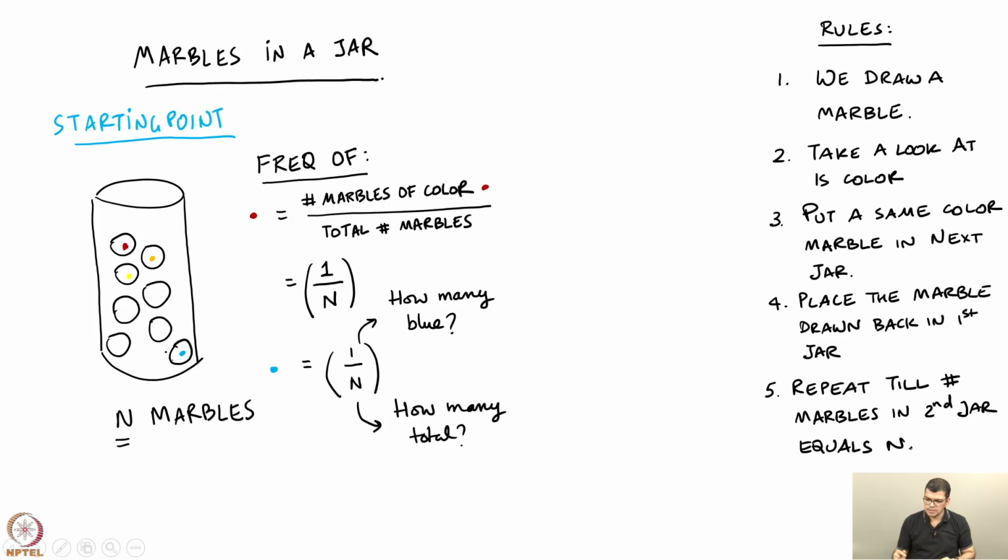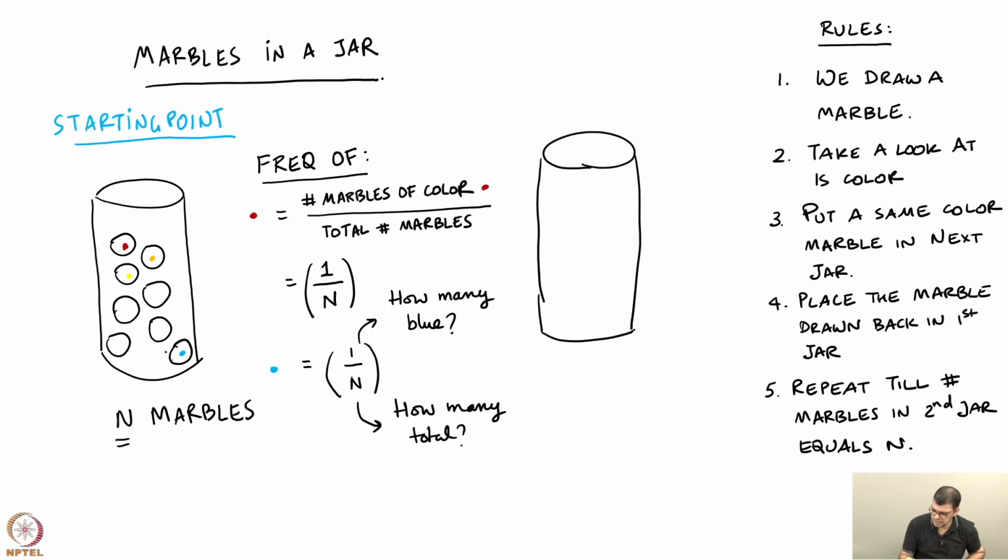Okay. So, those are the rules that we are going to be operating with, and let us draw the second jar that the rules speak about. Let us call this jar number 1 and let the second one be jar number 2. Rule 1 says we draw a marble from jar 1, obviously without looking at its color.